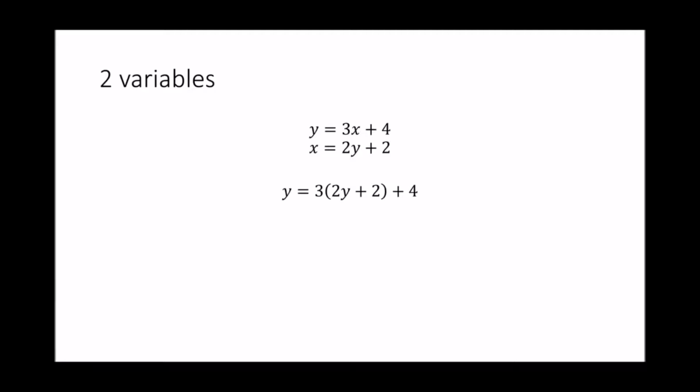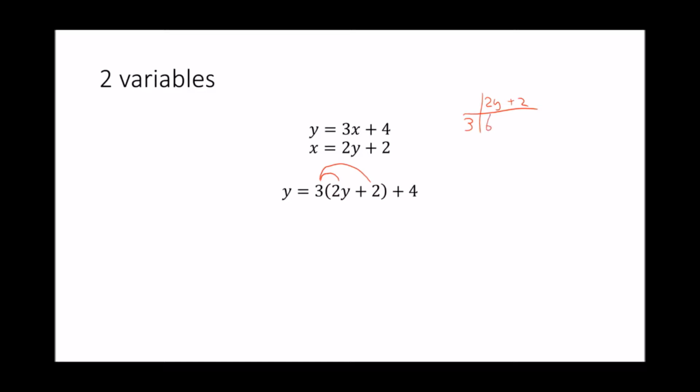First off, we have to get rid of those brackets, because with brackets we can't solve the equation. You can use a multiplication table for this, 3 times 2y plus 2, or you can use what I call the banana method. 3 has to be multiplied by both of these things.